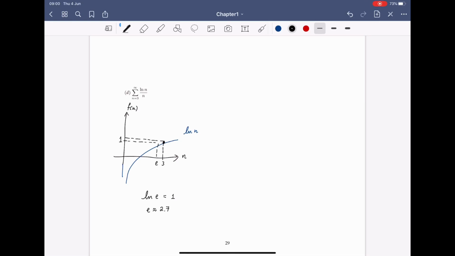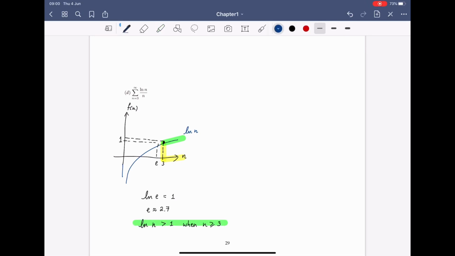So it means log n is always bigger than 1 when n is bigger than or equal to 3, right? If you start from n equal to 3, you can guarantee that your log n is going to be bigger than or equal to 1, right? Because it already passed number 1. So that means you can use this inequality.